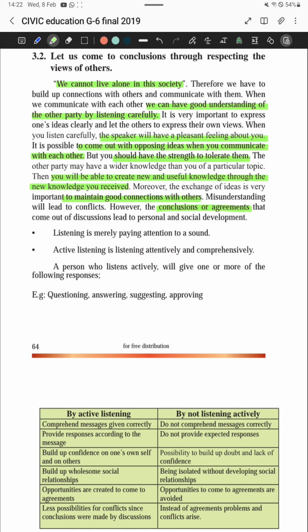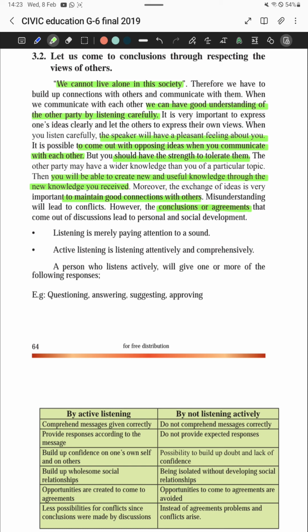When you're listening to the person who is talking, you can have a clear idea about that person, and also you can get the views or opinions that the person has in his mind when he is talking.